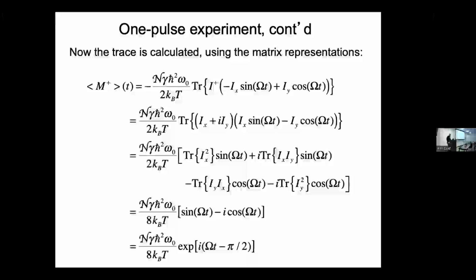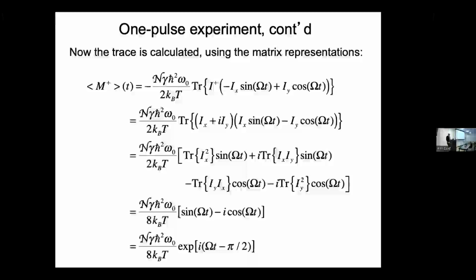Remember, for the single spin, a wave function was just a column vector with two entries, a 2x1 column vector, so that alpha was the column vector (1, 0), beta was the column vector (0, 1).